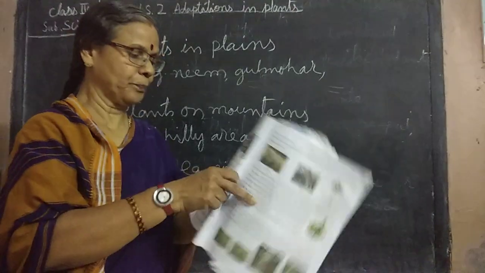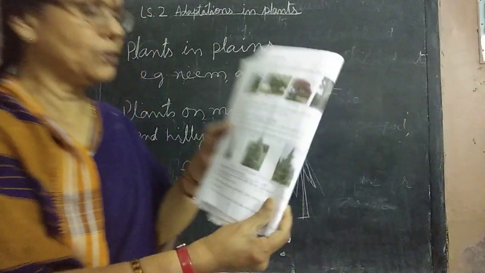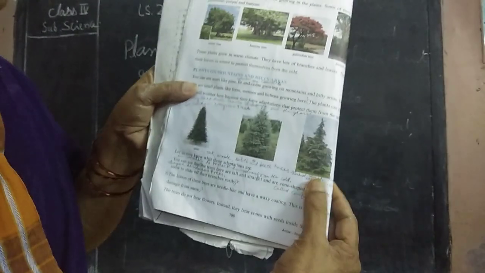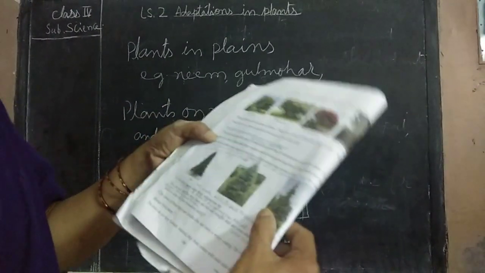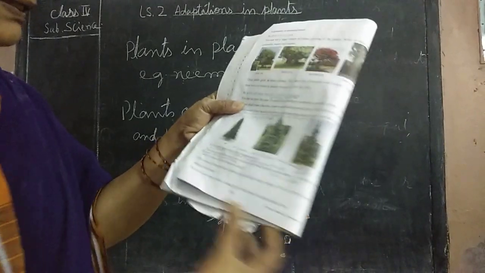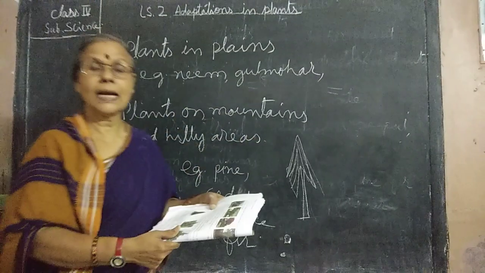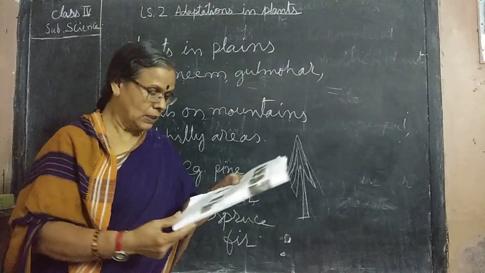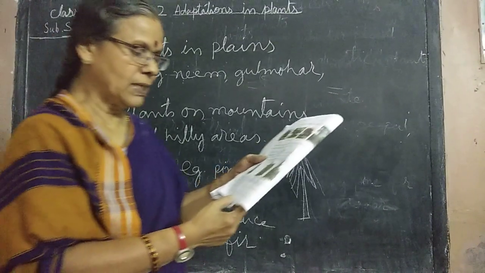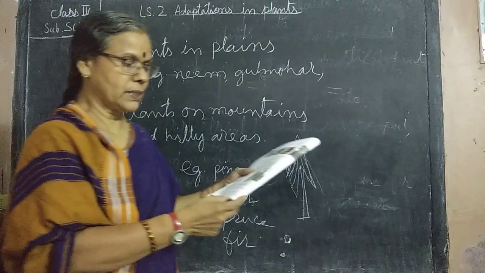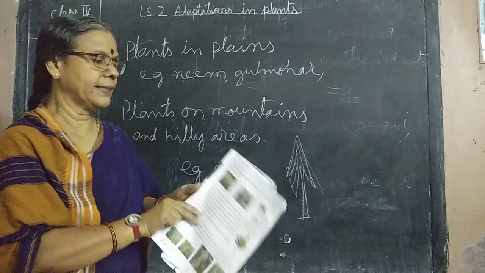You can see those pictures. See here, you can see pine, fir, and cedar are the examples of this. So these leaves protect from damage. So trees do not bear flowers, instead they bear cones with the seeds inside them.